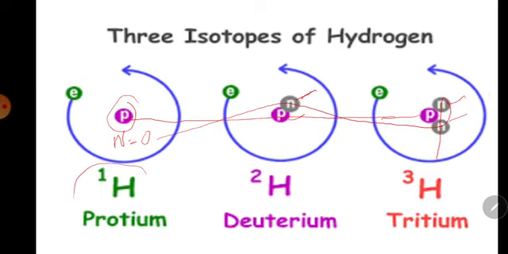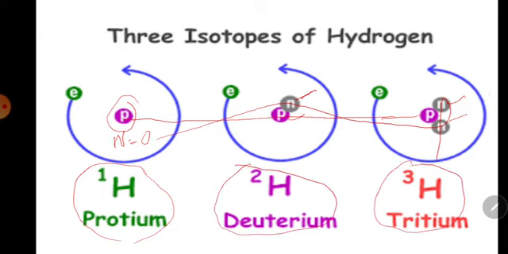This is called protium, this is called deuterium, this is called tritium. Tritium has three fundamental particles, deuterium two, protium one.